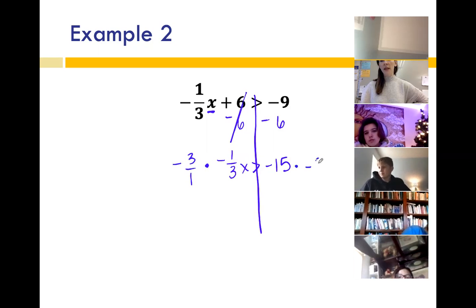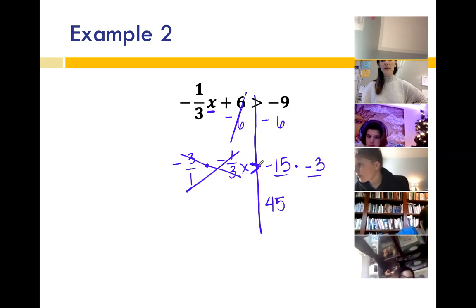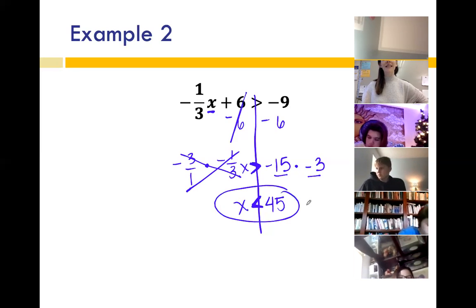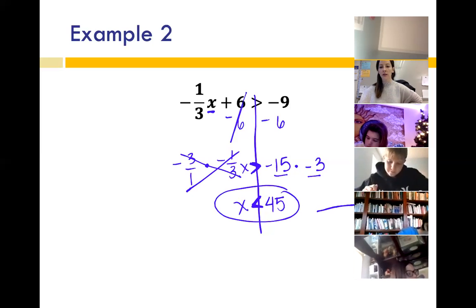So times -3/1, that's going to cross all of this out. And then -15 times -3 is +45. And remember, we're going to flip this from greater than to less than because we multiplied by a -3. So that's our answer. X is less than 45, it's no longer greater than.